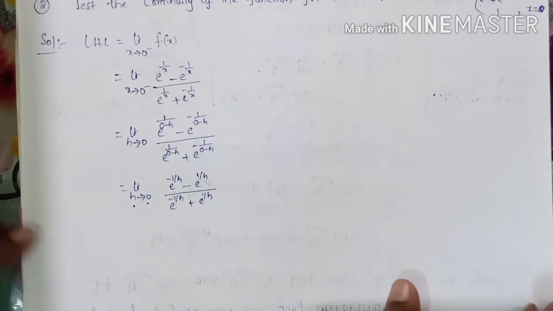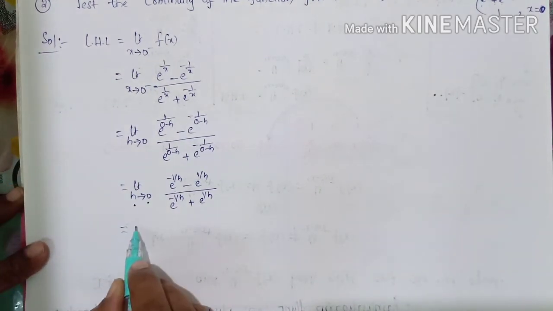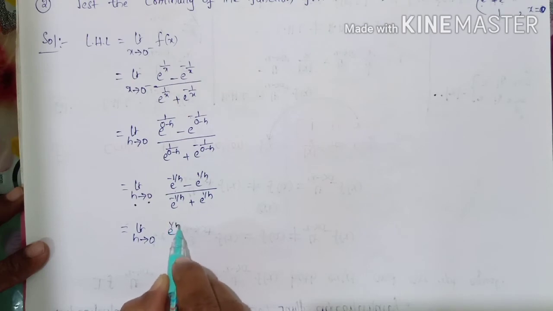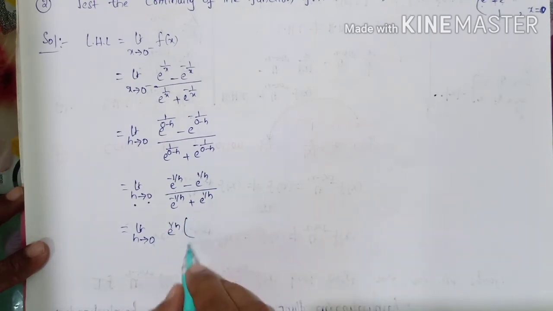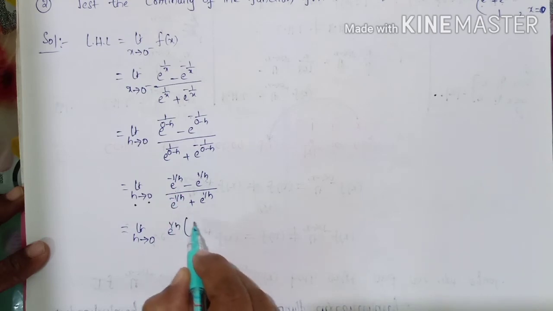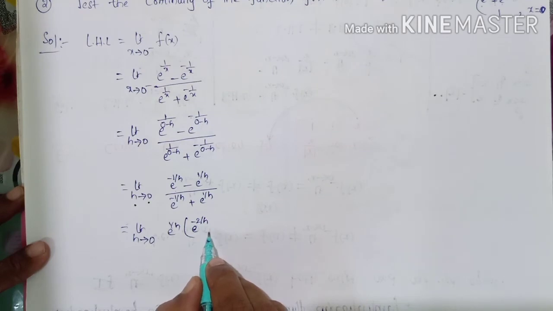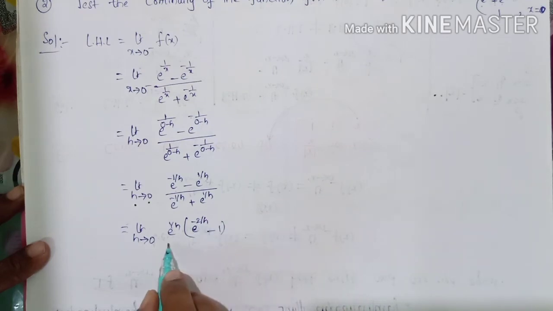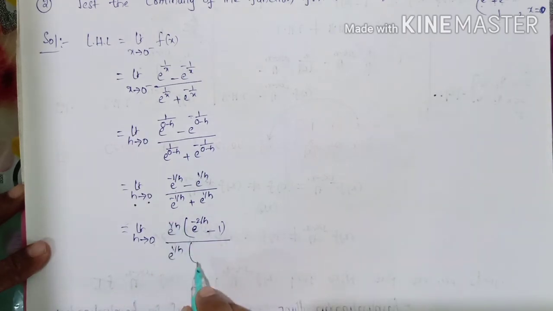So we take common, limit h tends to 0, e power 1 by h common. When we take e power 1 by h as common, this becomes (e power minus 2 by h minus 1) by, here also we take e power 1 by h as common, (e power minus 2 by h plus 1).